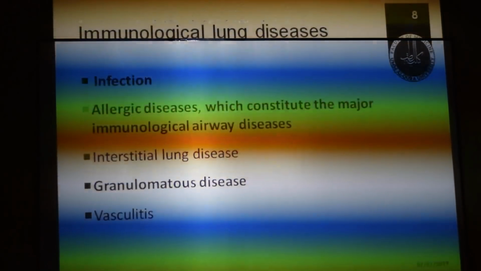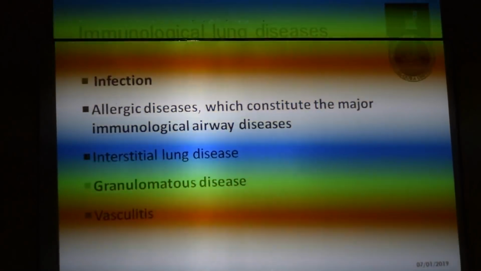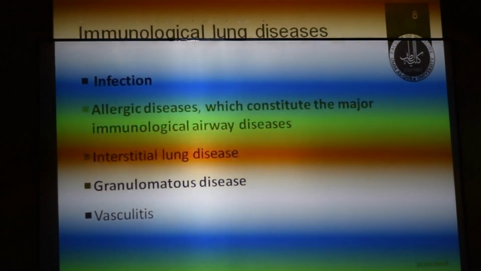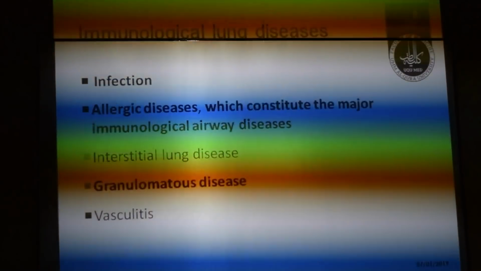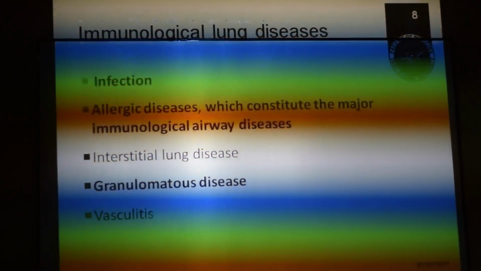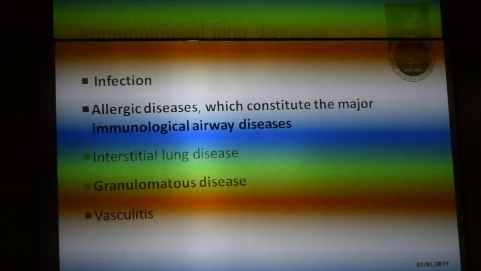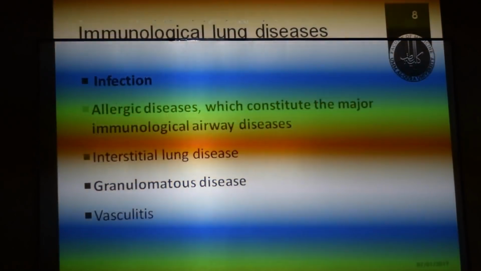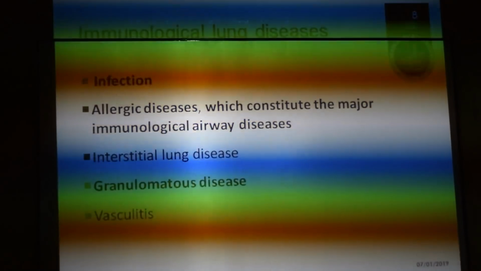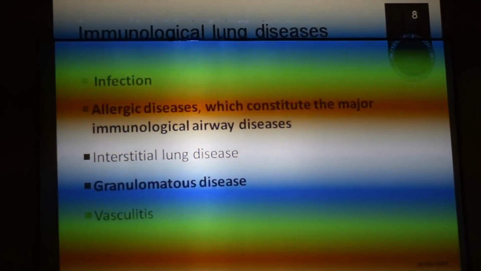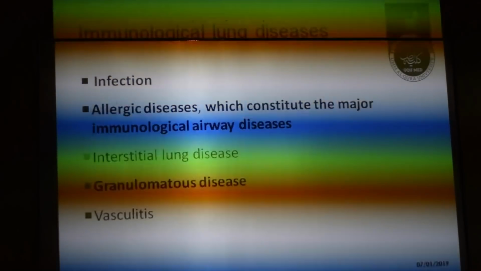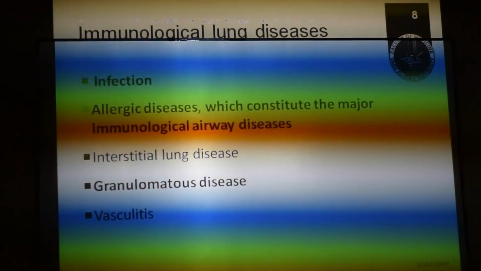We'll talk a little bit about the importance, with respect to the components of the immune system. Allergic diseases will be our main focus today. Interstitial lung diseases, granuloma formation, and vasculitic diseases in the respiratory system. But today I'm just going to focus on allergic diseases, granuloma and vasculitis, and interstitial lung diseases will be for another lecture.